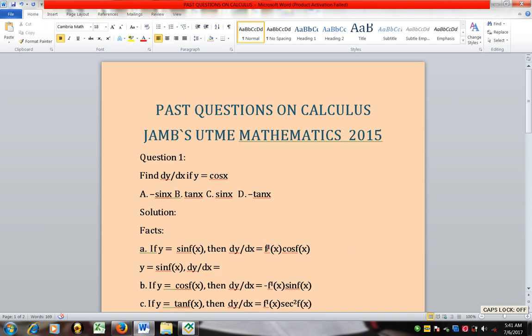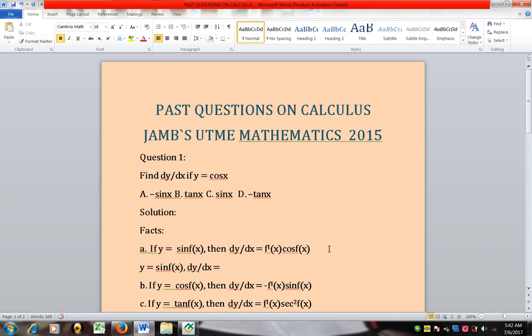Now this f prime of x simply means that we differentiated. Look at the two things that we did. We differentiate this f of x and we got f prime of x. Then we change this sine f of x to cos f of x.